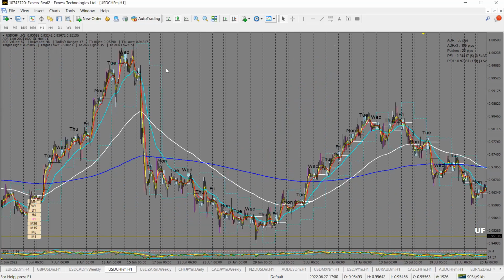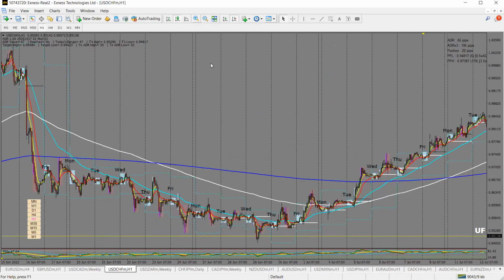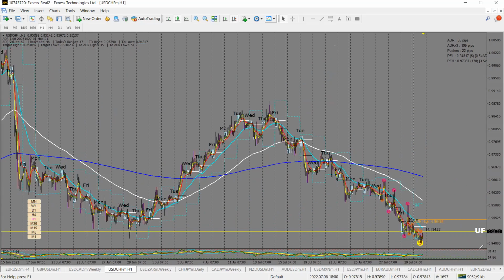So now I want someone to analyze this whole move for me and tell me where USD CHF is going to go this week. Who is volunteering to do that?